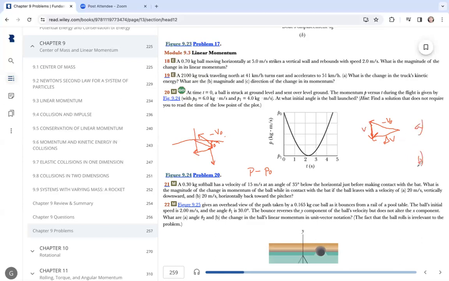And then part B, you have this, and that's negative V naught. And then you have the final, which would be, no, nope, like this.